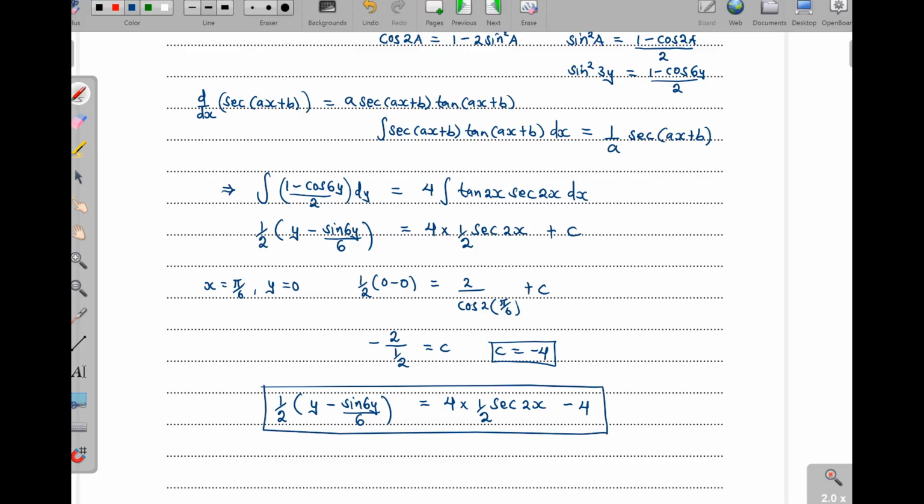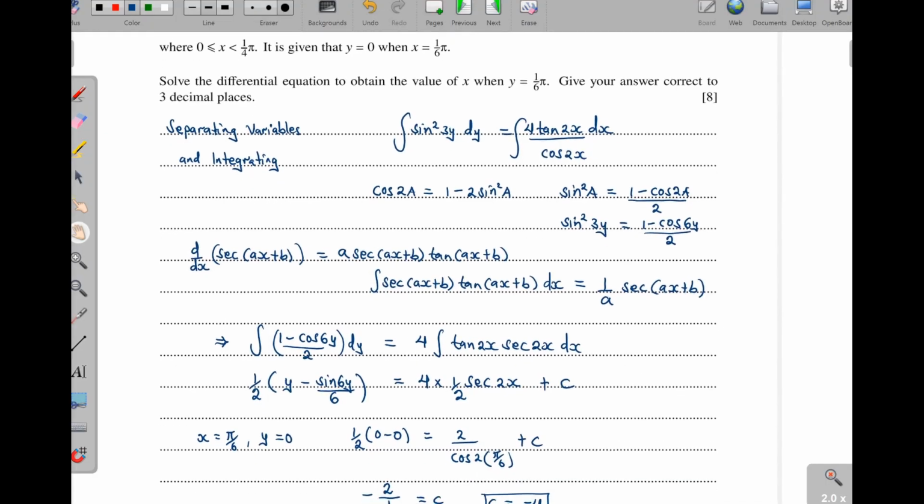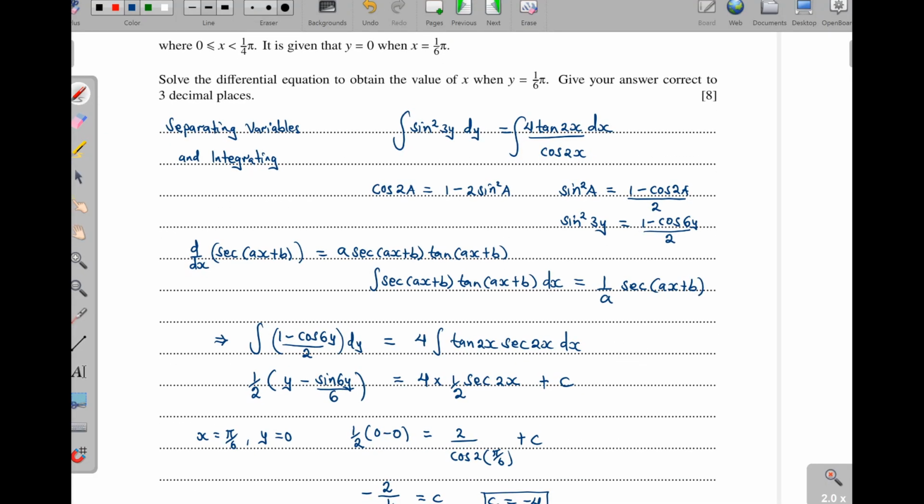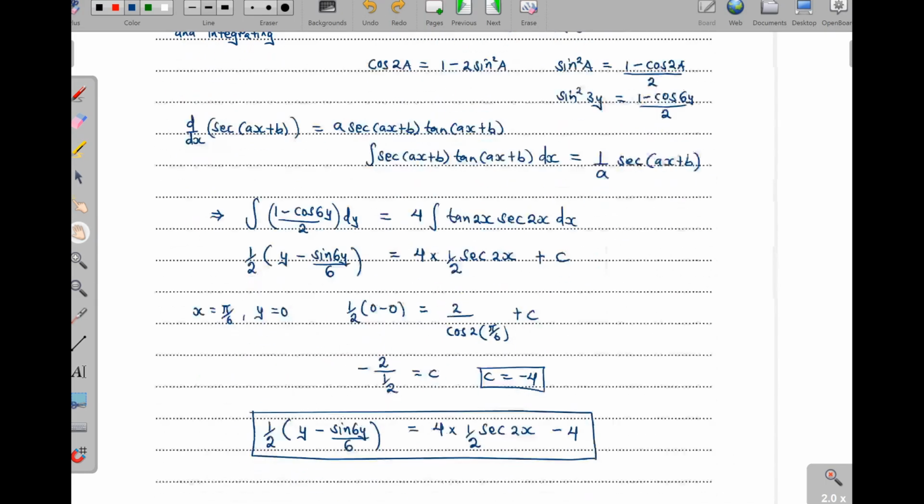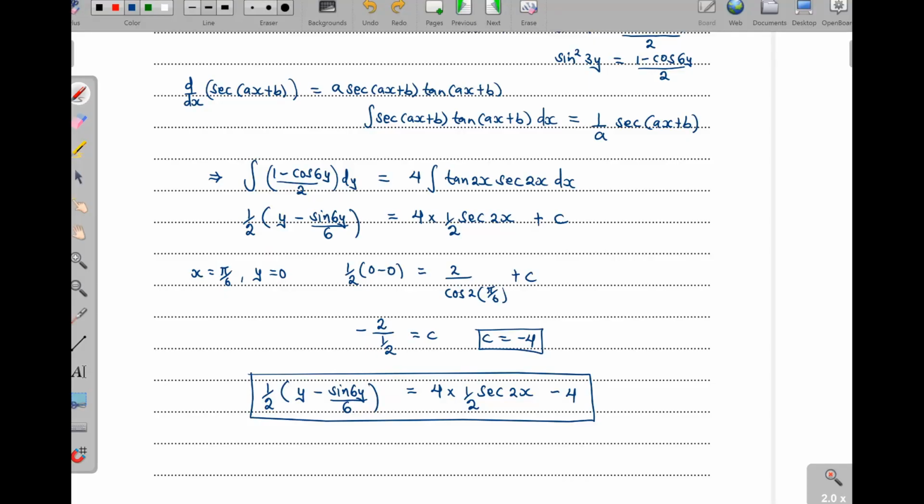But then they said that we find a value of x when y is pi over 6. We give the answer correct to 3 decimal places. So we are supposed to look for x when y is equal to pi over 6. So put a half here, then pi over 6 minus sine of 6 times pi over 6, then this one is out of 6, like that.